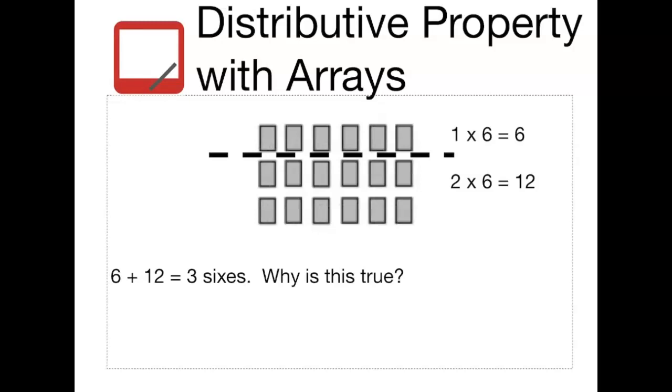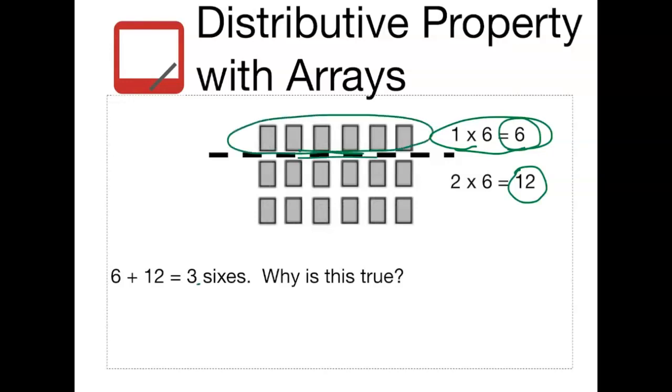It's true because we took this part up top, which was 1 guitar, and we took the total of the other 2 guitars and we added those totals together and we got 3 sixes. We have groups of 6. 1 group of 6, 2 groups of 6, 3 groups of 6.